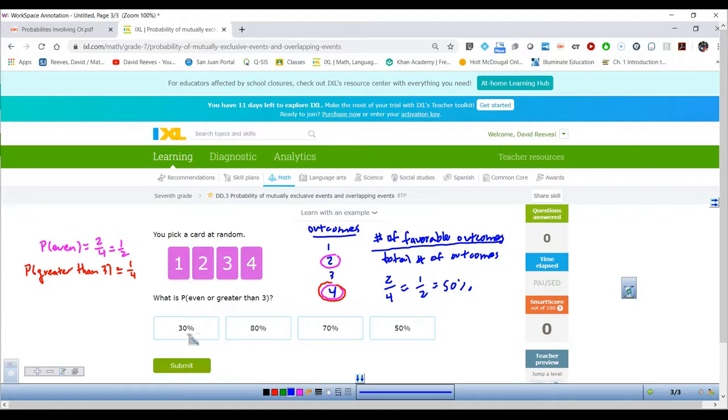All right, if we did it the formula way over here, the probability of an even would be 1/2, and the probability of greater than would be 1/4. But then remember, we have to subtract that overlap. Well, the overlap is 1 out of 4, right? So we get a half plus a fourth minus a fourth. Well, I'm not even going to add those together.